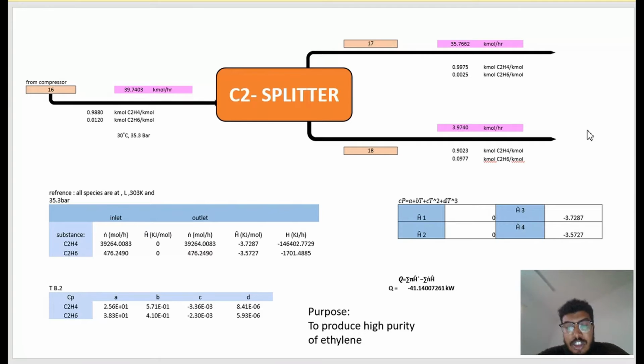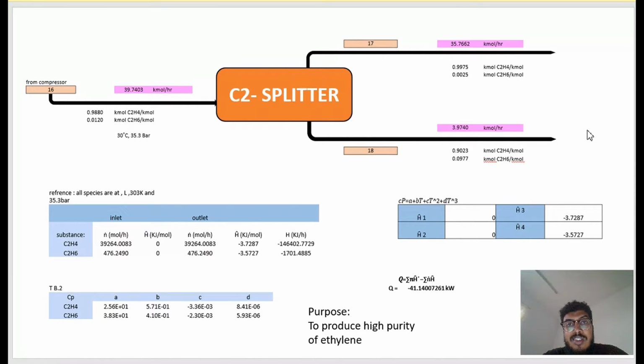You just need to mention that in the C2 splitter there's a slight pressure drop. However, through my journal, it's been neglected, so we assume that the pressure is constant. So now, as we said, to continue our calculation in the C2 splitter, we're going to use the CpdT.